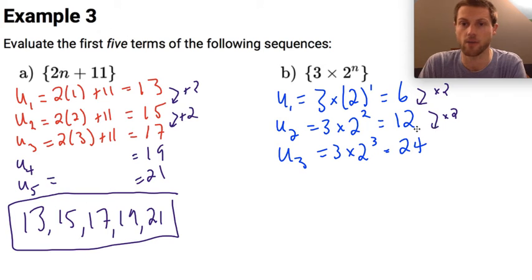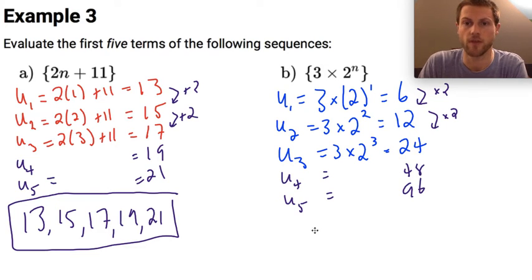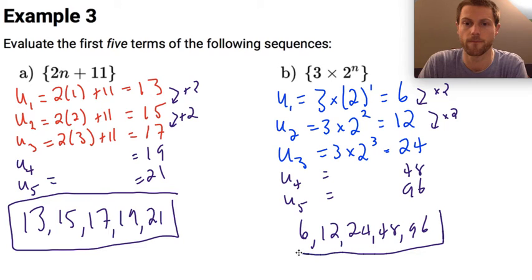So that's how I'm growing in the sequence. So I'm going to list out my last 2 terms by doubling. So u sub 4 will be 48, u sub 5 will be double 48, which I believe is 96. So my 5 terms in the sequence are 6, 12, 24, 48, and 96.